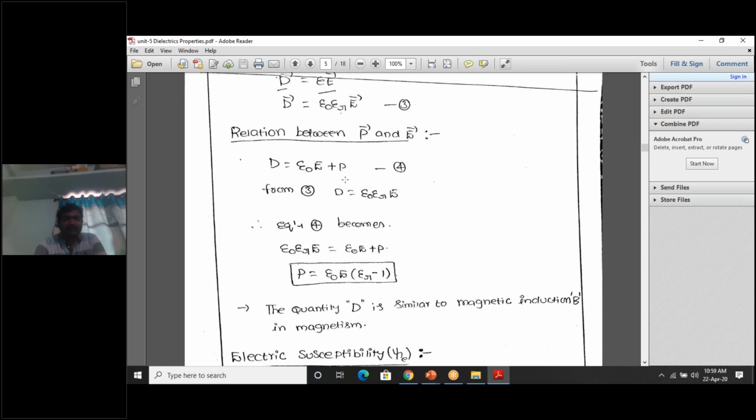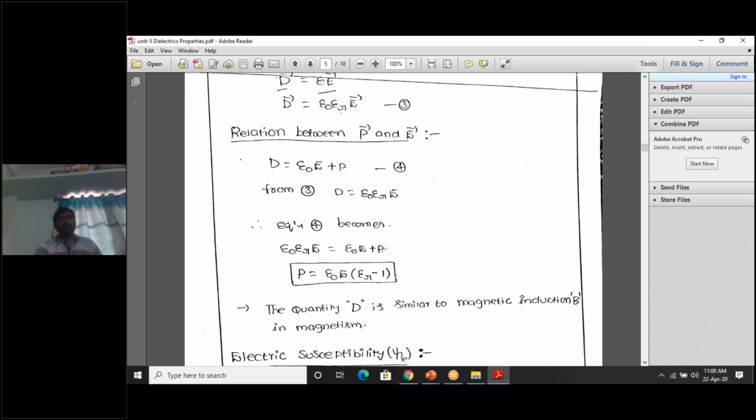In this relation we can substitute D as epsilon naught into epsilon r into E. Previously we got D as epsilon naught into epsilon r into E. So D is equal to epsilon naught into epsilon r into E, which is equal to epsilon naught E plus P. If you rearrange this equation, what do we get?